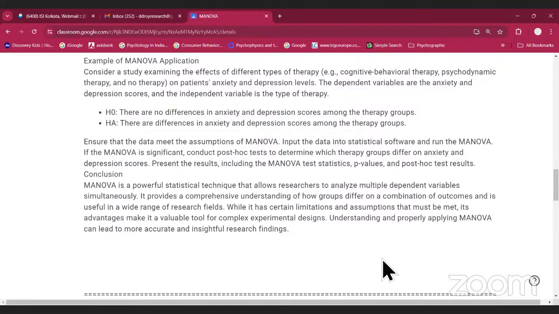In MANOVA, with the dependent variables anxiety and depression, if I see it as a linear combination, then I can see them together. But if I want to see separately, then I am actually doing ANOVA, isn't it? Yeah, as the post-hoc test. Right.